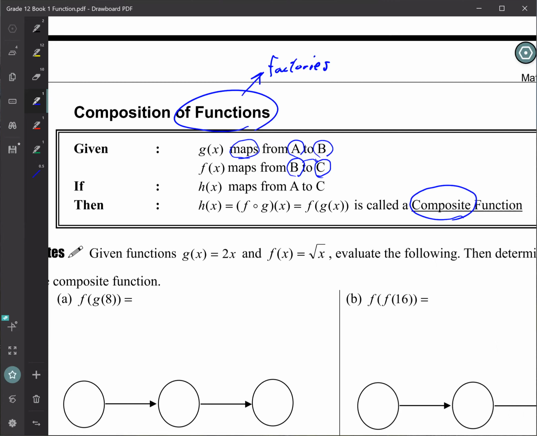Maybe put them all together into a car, right? So that's two functions, and each function does different things.